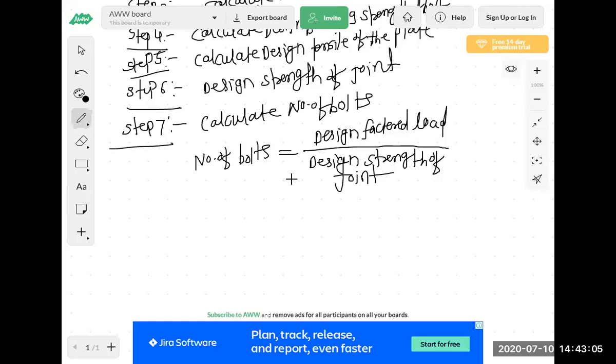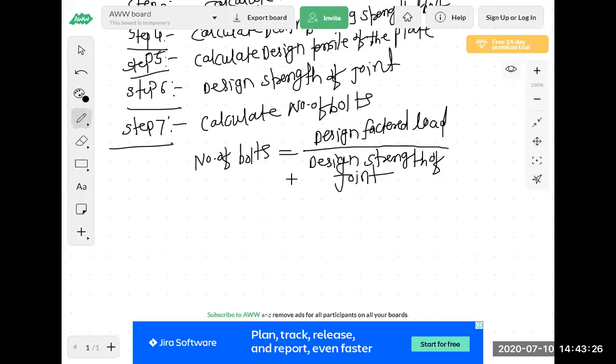Load carrying capacity, while calculation of load carrying capacity, एक्झिस्टिंग एखादे जे स्ट्रक्चर आहे तिथं नंबर ऑफ बोल्ट्स तुम्हाला दिलेले असतात आणि त्या नंबर ऑफ बोल्ट्स वरून तुम्ही लोड कॅरिंग कॅपॅसिटी फाइंड आउट करता. आणि डिझाइन म्हणजे काय, त्या जॉइंट वरती येणारा तुम्हाला फक्त लोड माहित असतो.